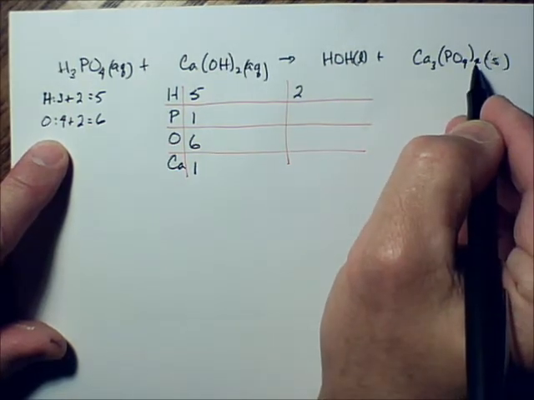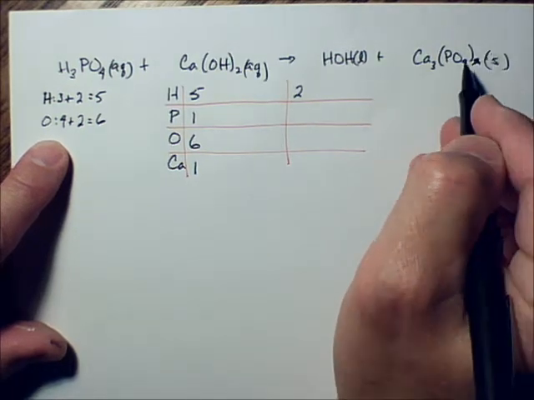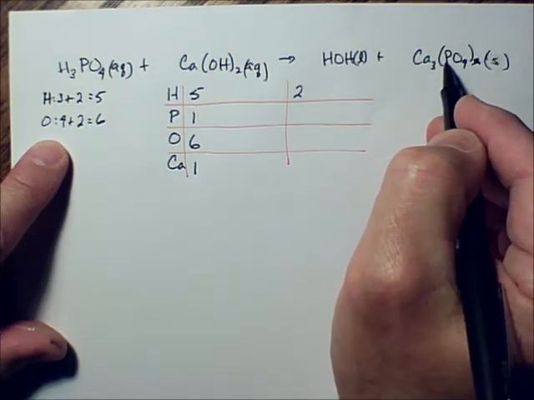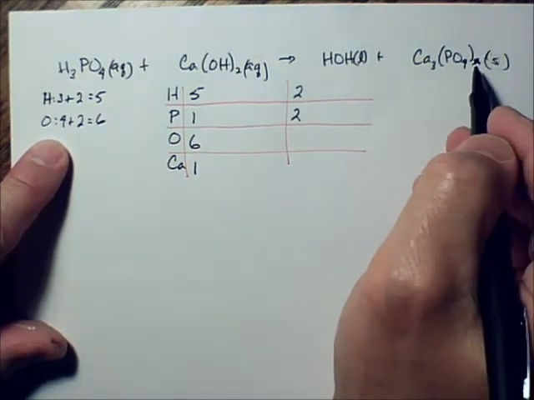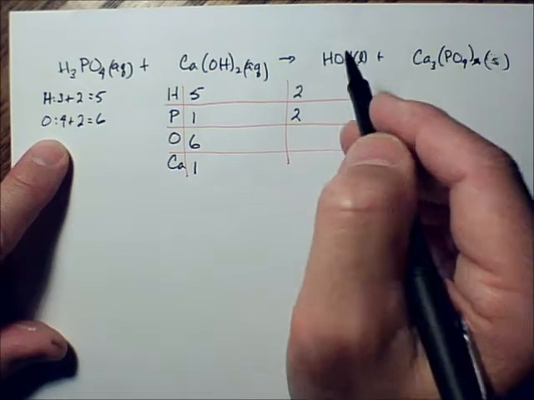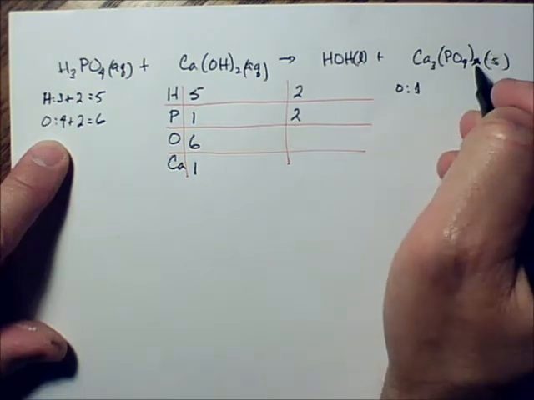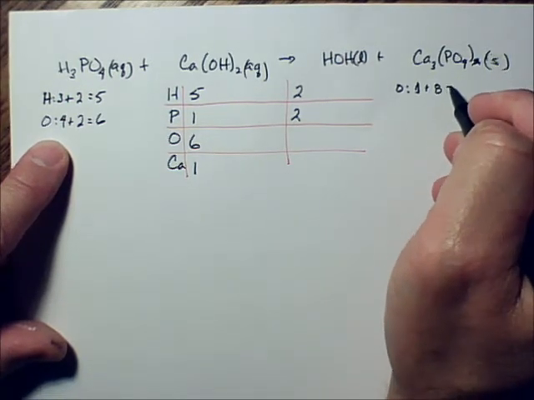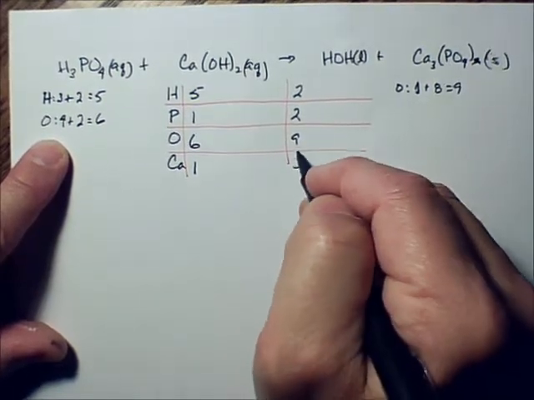And this is only 1 phosphorus in the phosphate, so I have 2 phosphoruses. I've got 2 times 4 oxygens here and 1 there, which means I have 9 oxygens to start with. And I've got 3 calciums.